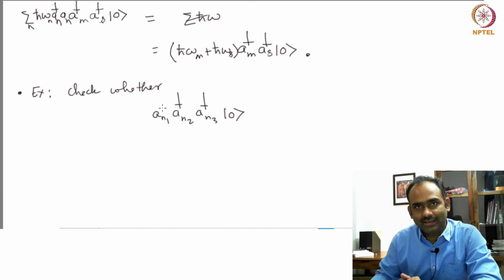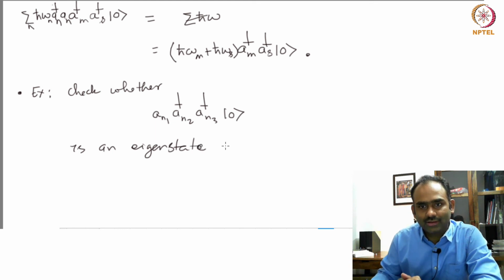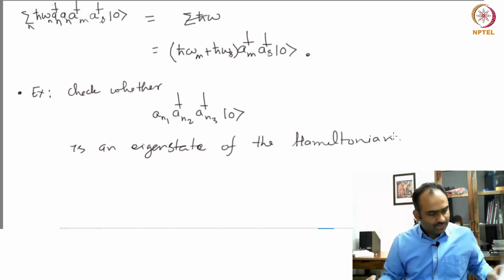So I have not put a dagger here. I have put the daggers on these two, but not on this one. Whether this is an eigenstate of the Hamiltonian.